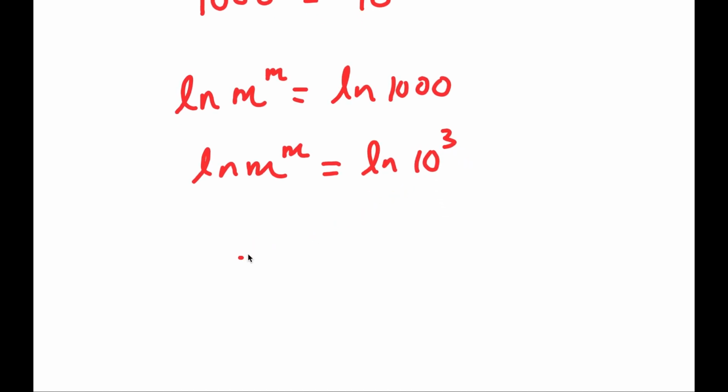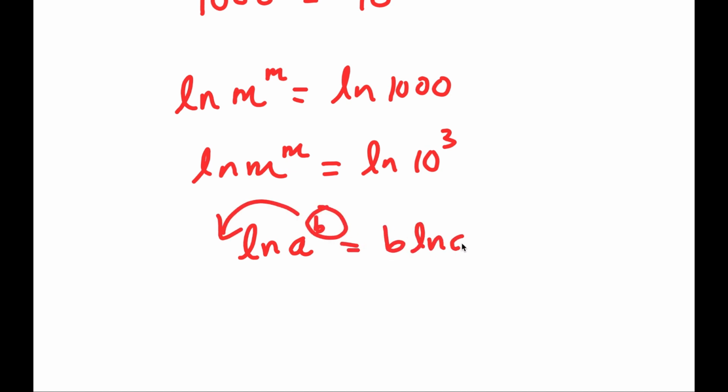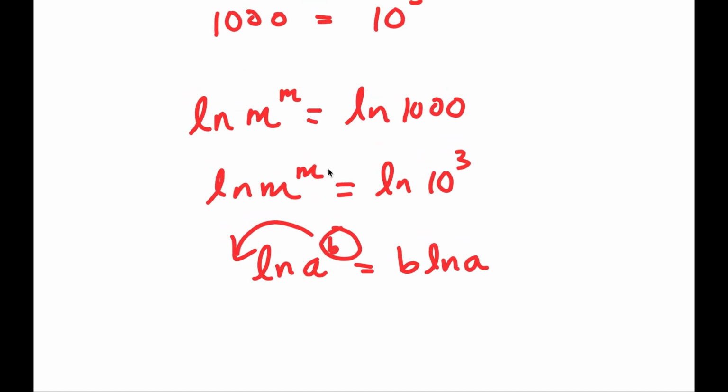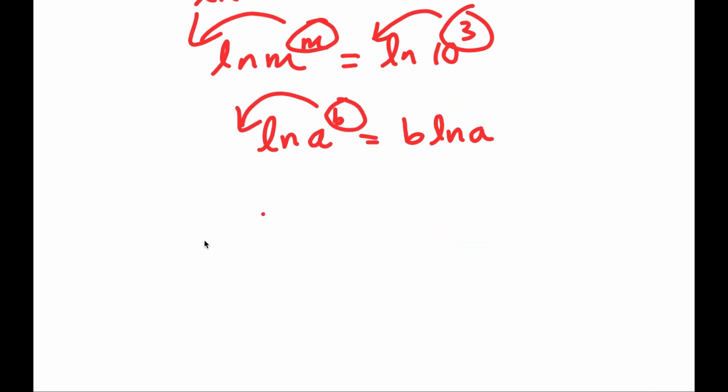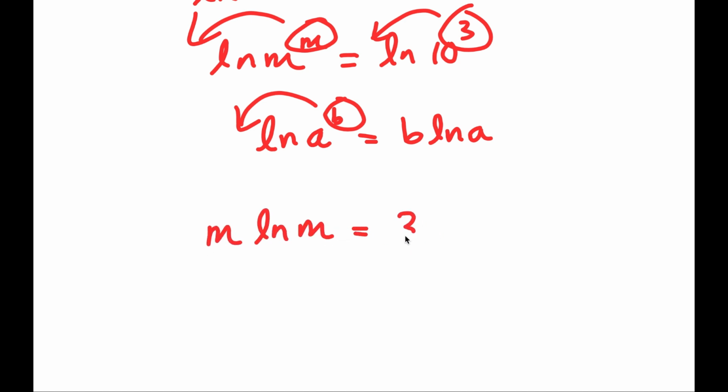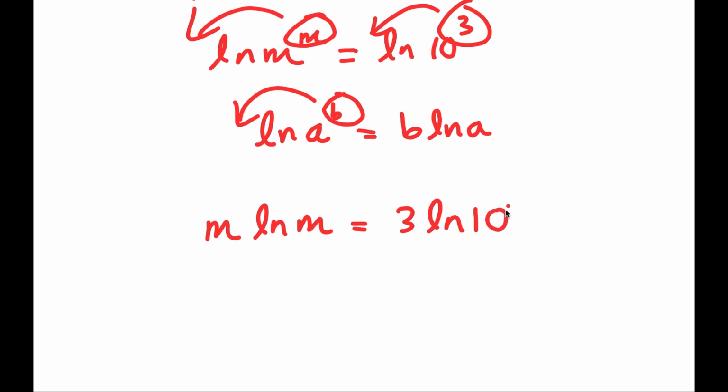Now, if I have something in the form ln a to the power of b, I can move b to the front, so this turns into b times ln a. So in this case, I have ln of m to the power of m, I can move m to the front, and ln of 10 to the power of 3, I can move 3 to the front. So now I have m times ln m is equal to 3 times ln 10.